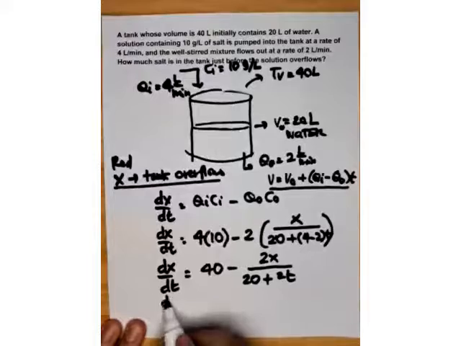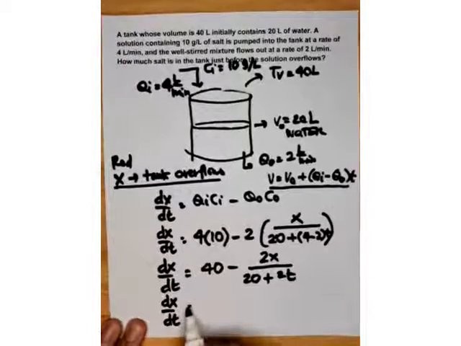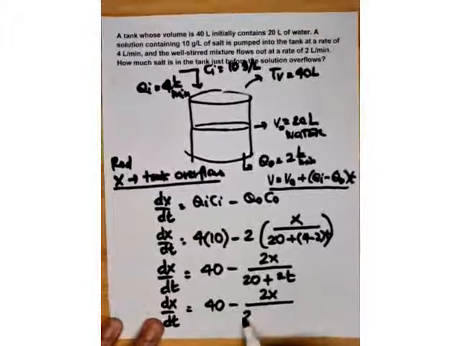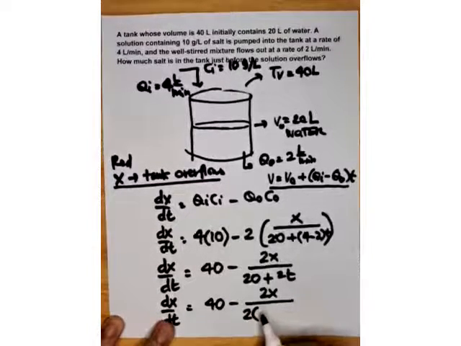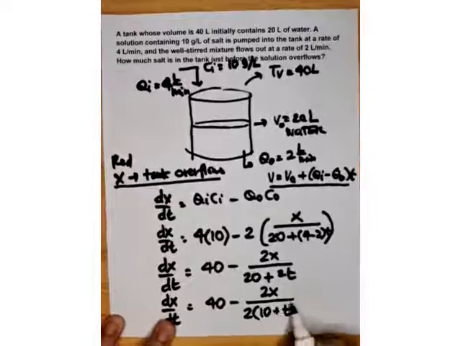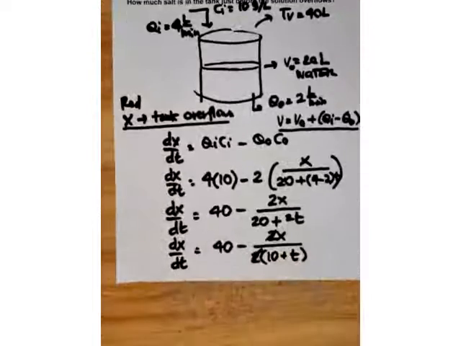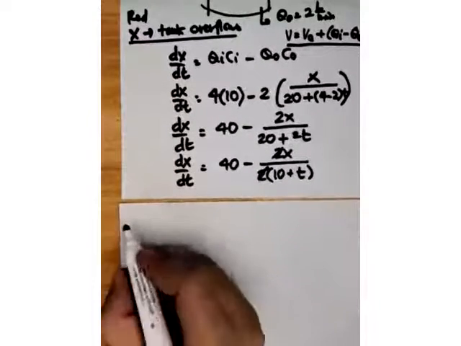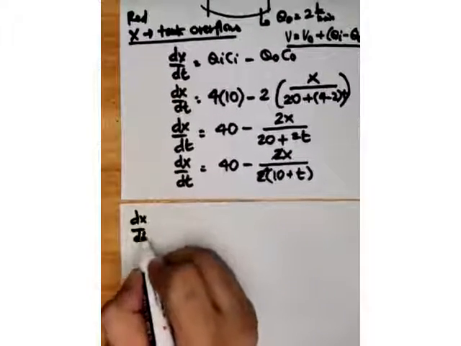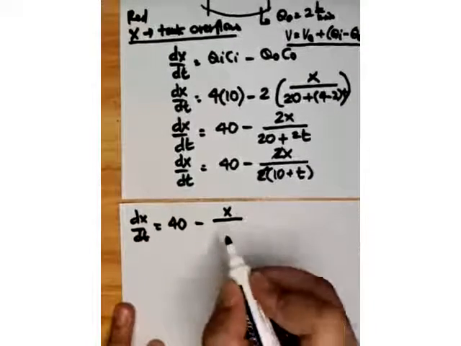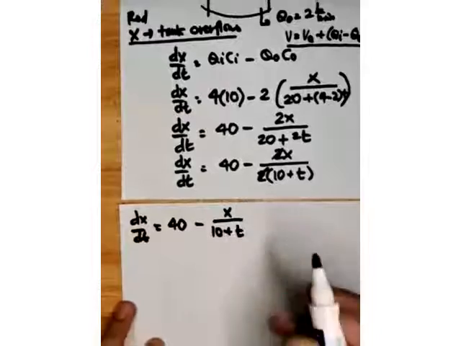Okay, so let's simplify. dx over dt is equal to 40 minus 2x all over, factor out 2, 2 times 10 plus t. So we can cancel that. So our equation is dx over dt is equal to 40 minus x over 10 plus t.